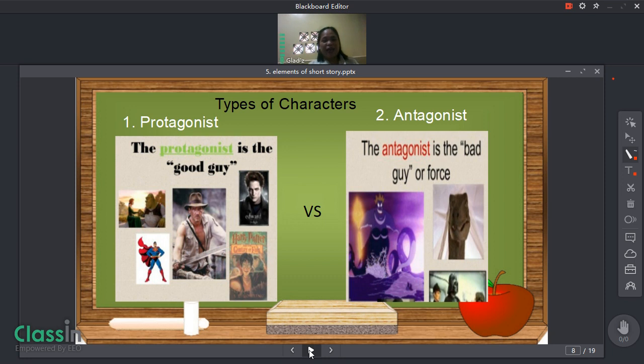The antagonist always opposes the protagonist. He or she is always against the main character, but has an important role in the story because it makes it intense and interesting. Sometimes the story becomes intense and interesting because of the antagonist also.